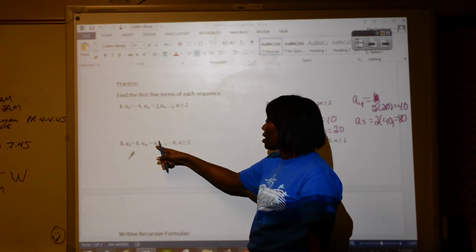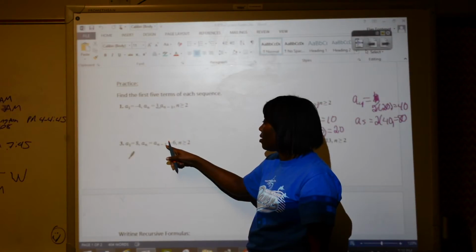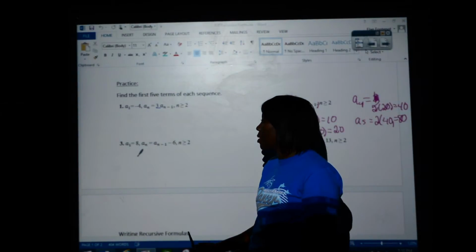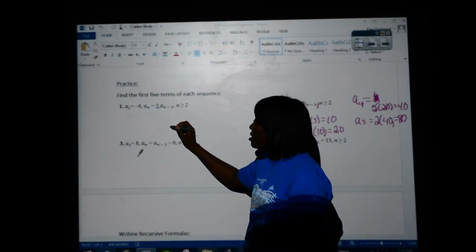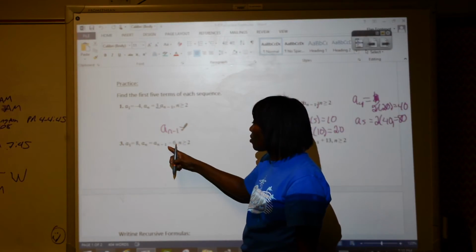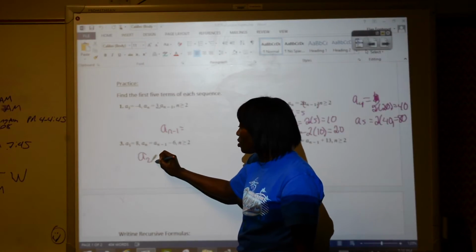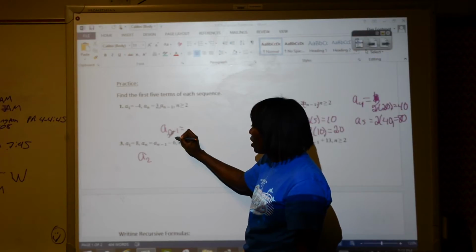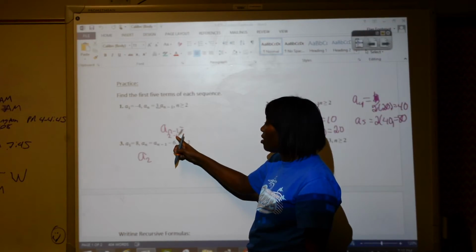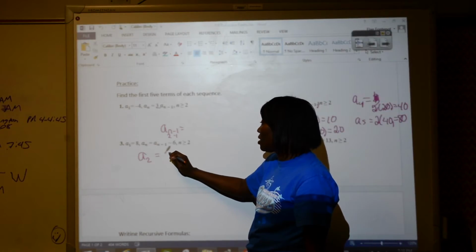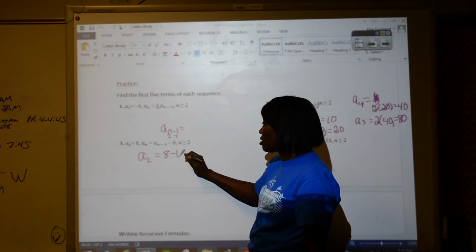And so basically you're taking that term, the a sub 1, when you find the next one. You know what? Maybe I should plug it in. When it has that a sub n minus 1, it's basically saying, if I'm going to find my second term, I plug in that 2 there. 2 minus 1 is 1, so I take that previous term of 8 and then do minus 6.